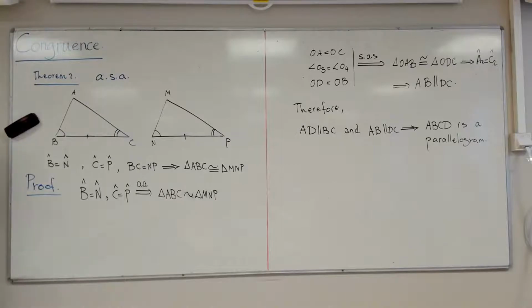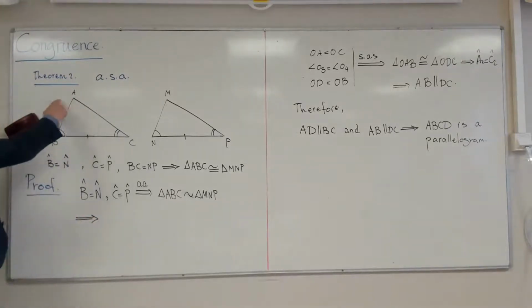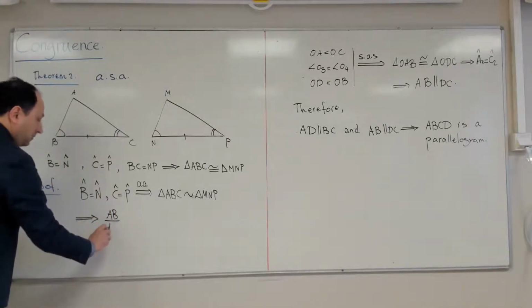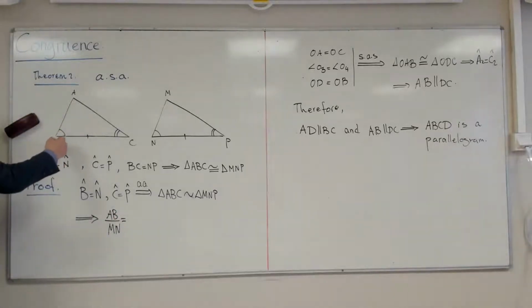But what can I conclude? When they are similar, it means that the ratio of AB to MN should be equal to, can you complete it? AB over MN should be equal to what? 1? No, not yet.